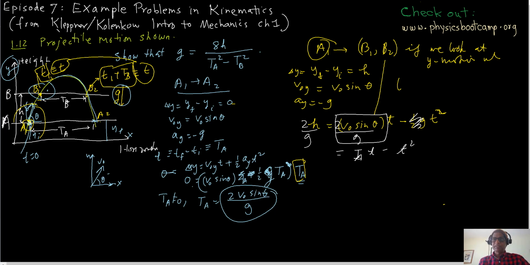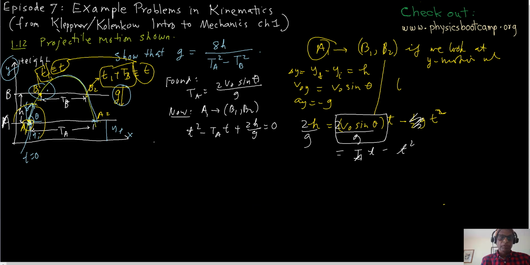Let me erase something. Okay, it can now be solved as t. There should be two answers to that. 1 over 2, ta plus or minus square root of ta squared minus 8h over g.